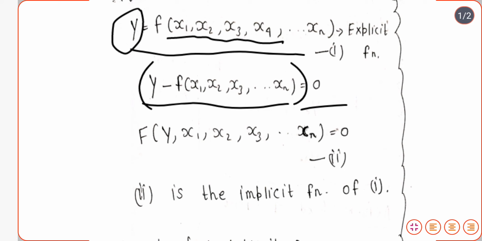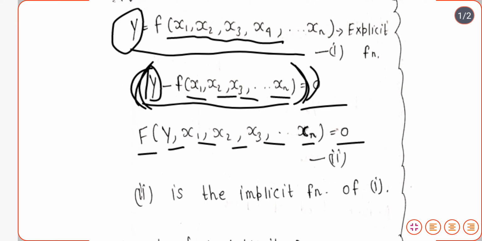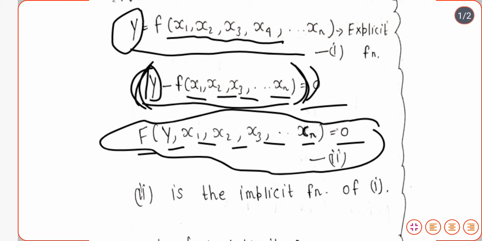So this entire part is a function of y, x1, x2, x3 and up to xn, and that becomes 0. So this equation 2 is basically an implicit function of equation 1.